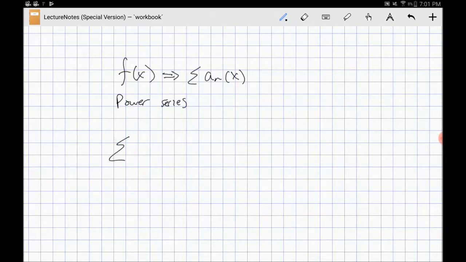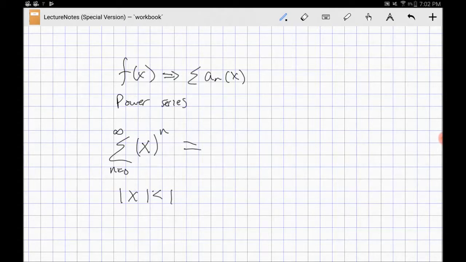The power series is actually a special case of the geometric series. So instead of having a fraction here that is less than 1, we have instead a variable, and we know that the absolute value of x has to be less than 1, because that's the condition for our geometric series to converge.